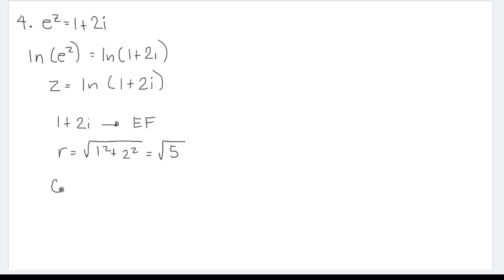While the argument is equivalent to arctan of y, which is 2, over x, which is 1, and it's equivalent to 1.107.